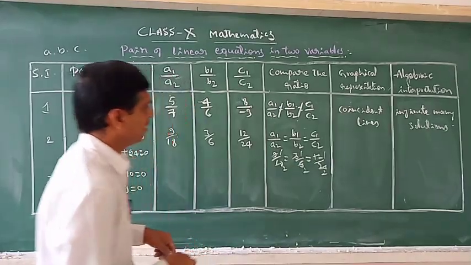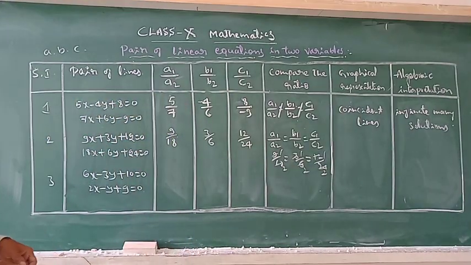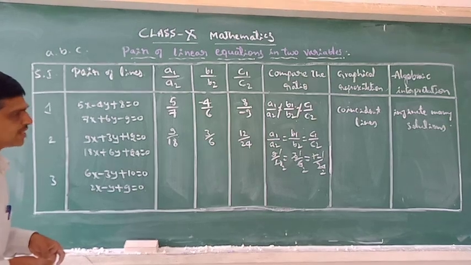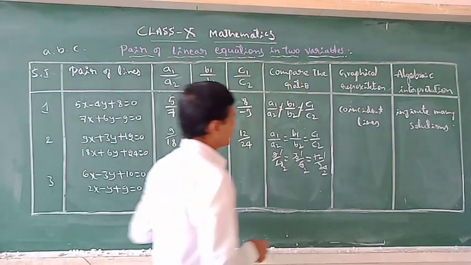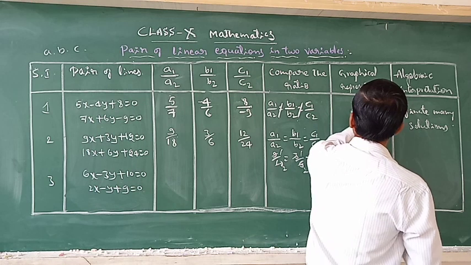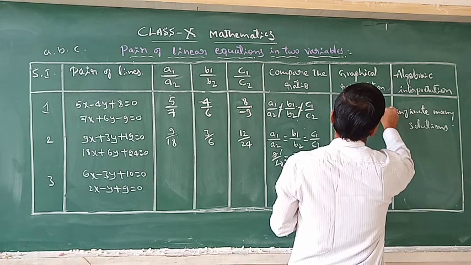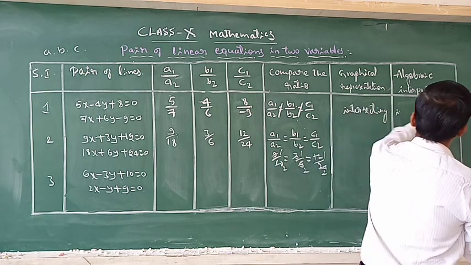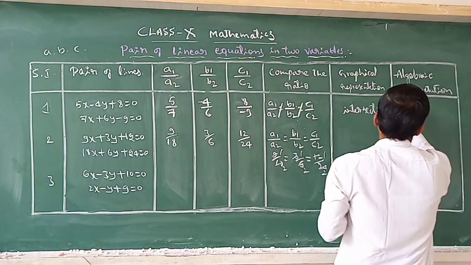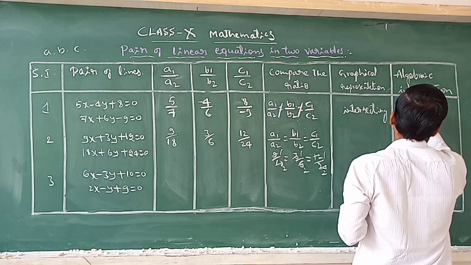So what is the graphical representation and algebraic interpretation? Here the lines are coincident. Here intersecting, here intersecting. So you have a definite solution, a unique solution.